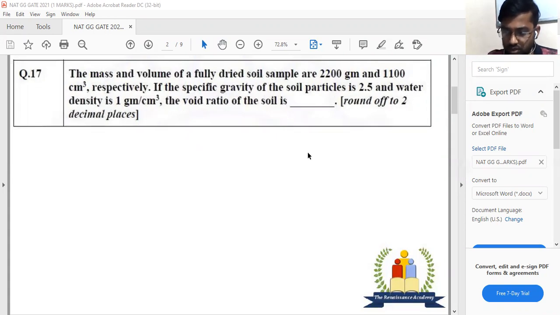Okay, so here first consider mass of soil particle.